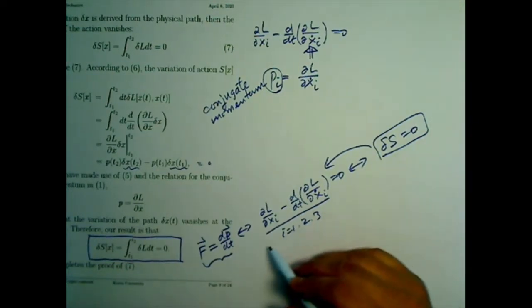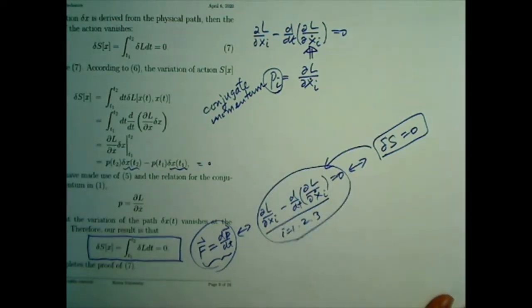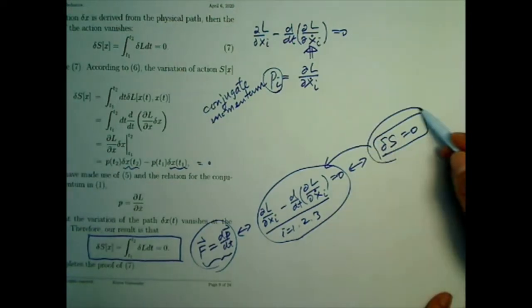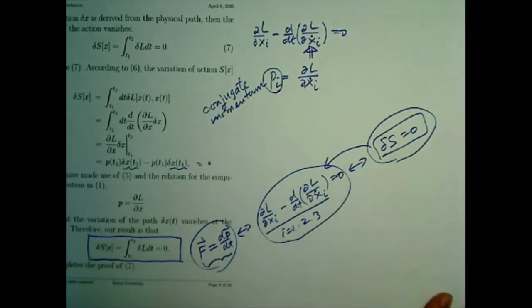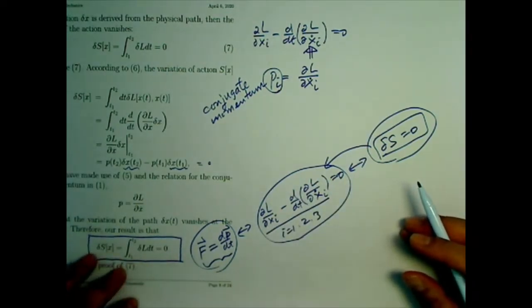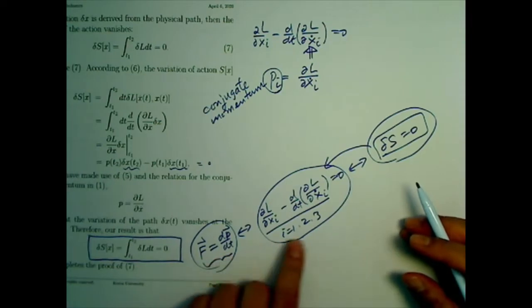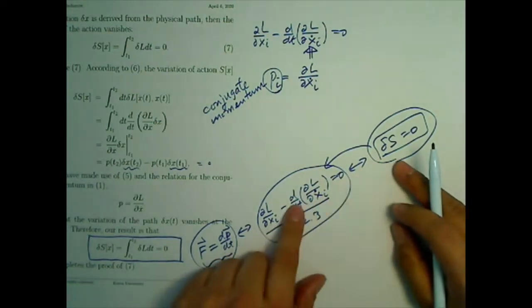We have shown that this F equals ma is equivalent to the Euler-Lagrange equation, and actually if we require the action to be minimized, then the Euler-Lagrange equation is automatically satisfied. So F equals ma, this one and this one, all three are equivalent.